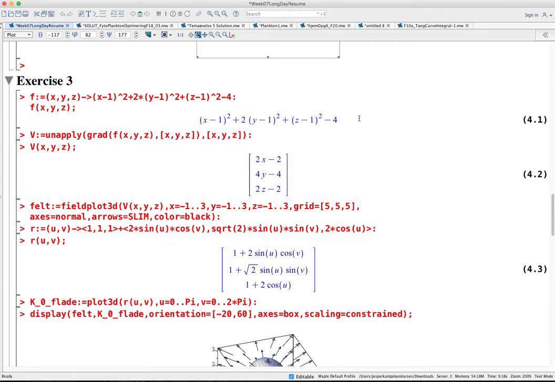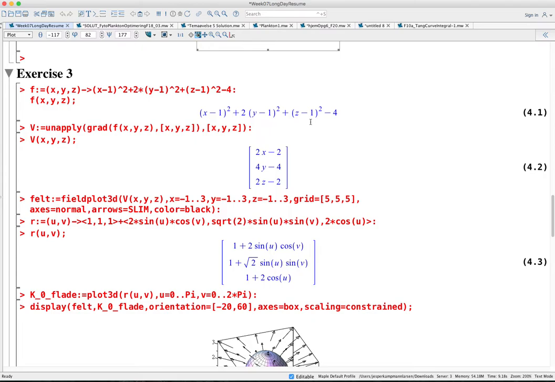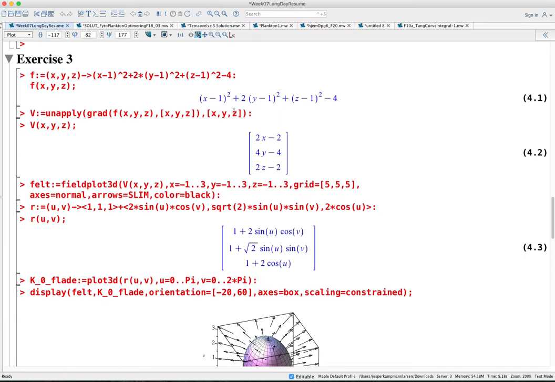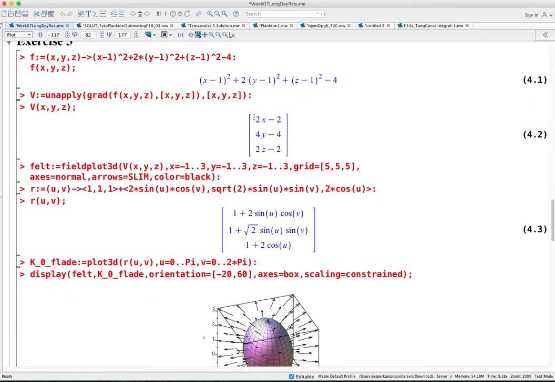So you equate this to 0, and then you can very quickly see that if you put this equal to 0, you put the fourth on the other side of the equality sign, and then you divide by 4, then you have the standard equation of an ellipsoid, and it has the semi-axis in the x direction of 2, of square root of 2 in the y direction, and of 2 in the z direction. Also, you can compute the gradient of this field.